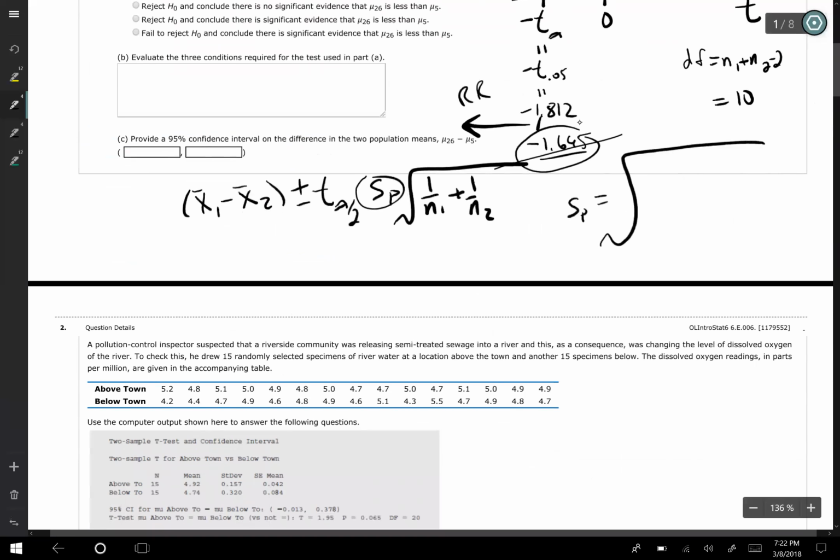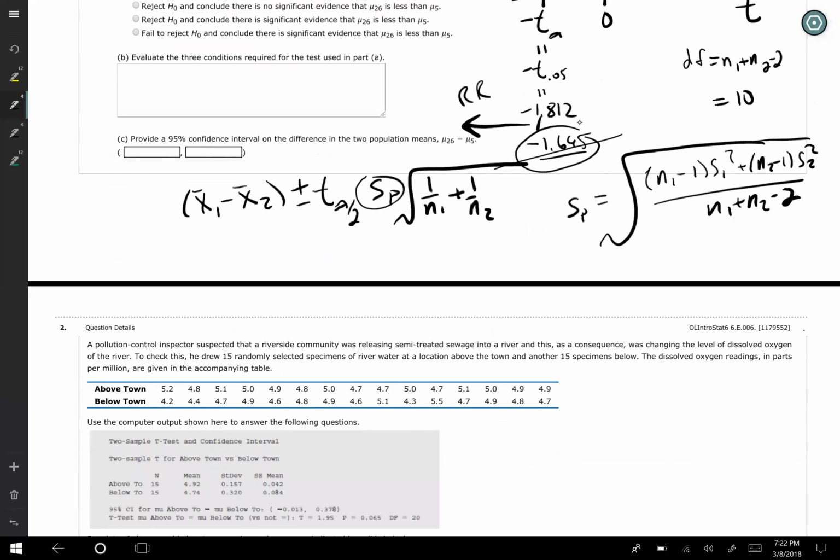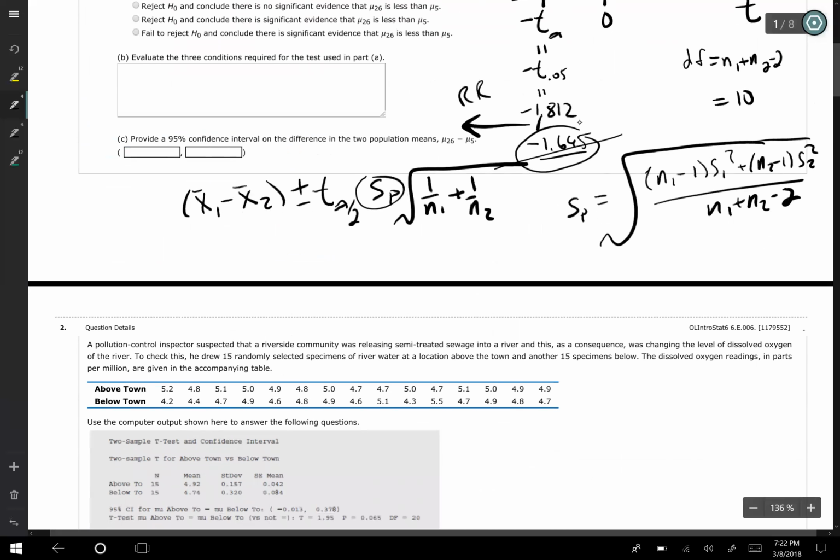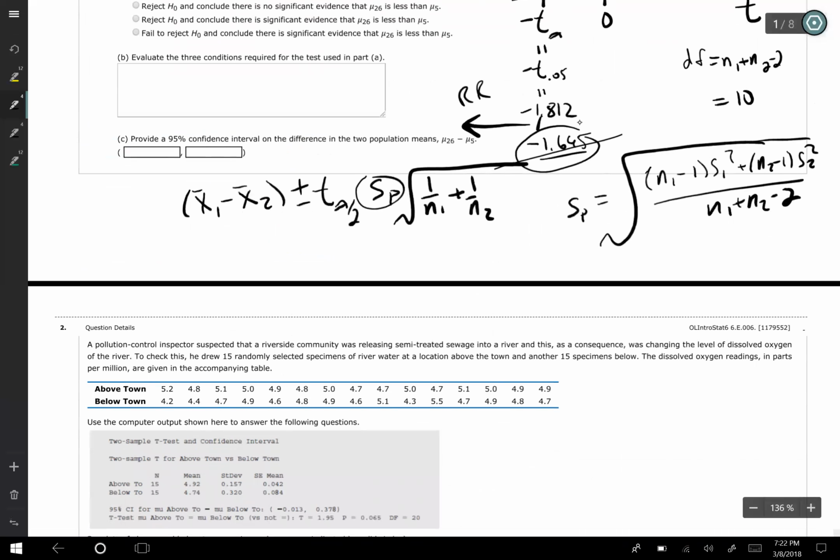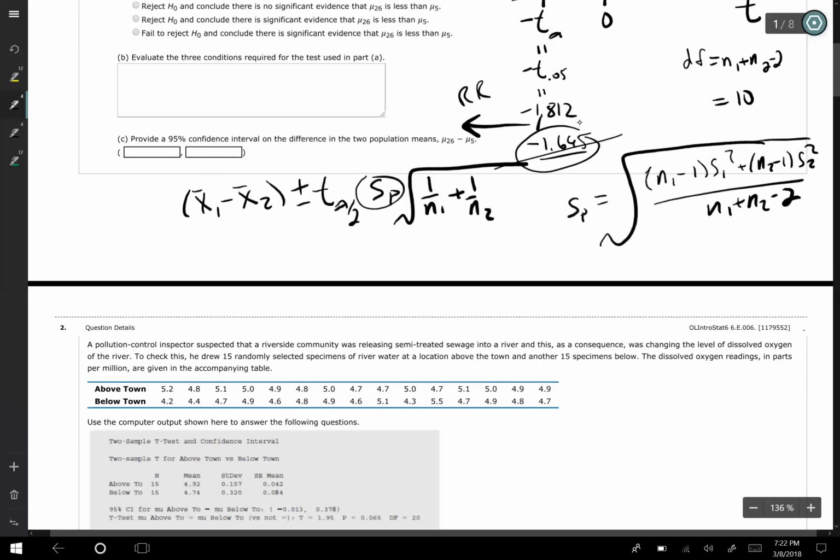SP is defined to be this, and if the sample sizes are the same, then this is almost like the regular average between the two sample variances, because the coefficient out front is the same.